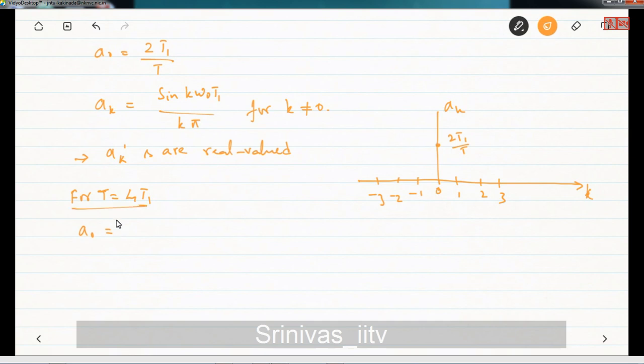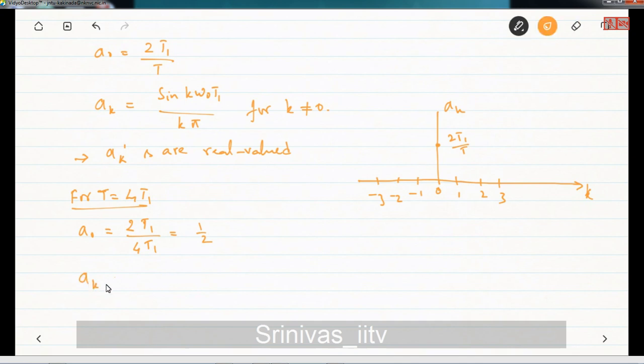For T equal to 4t1, what happens? A0 is equal to 2t1 divided by 4t1, that is equal to half, and a1 equal to a minus 1. Maybe I better write one more step here.